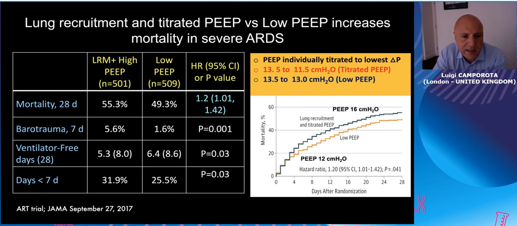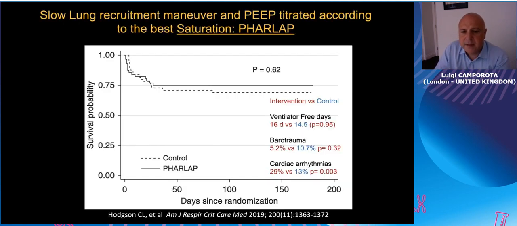So you can see the mortality, which was 55%. There were fewer ventilator-free days, and also there was a higher mortality in patients less than 7 days. So this is quite an important first message.